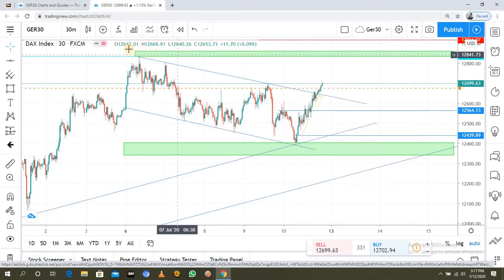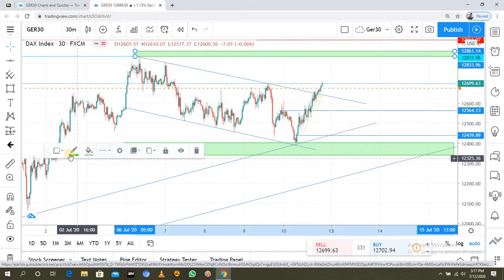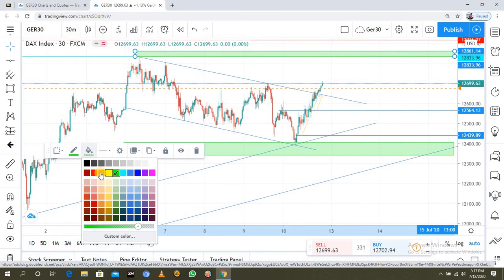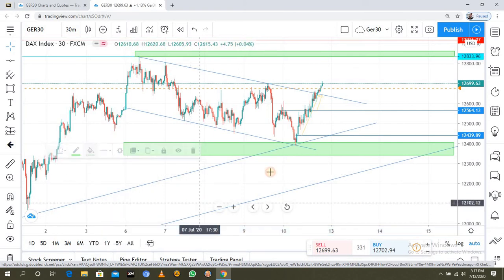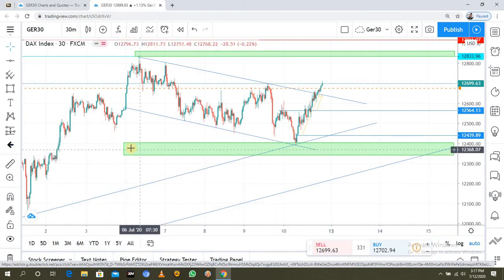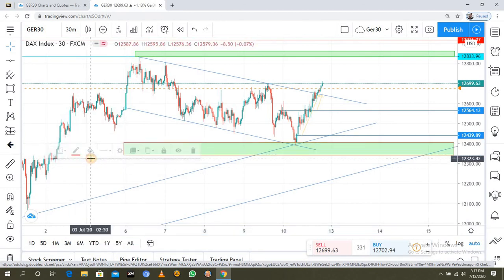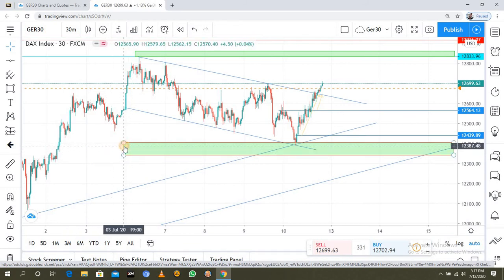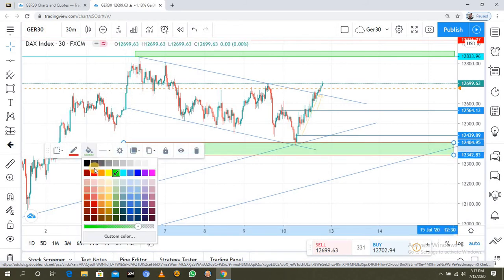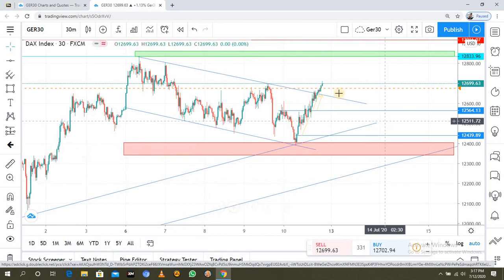So we can change the color of this, maybe to, no, let's change the bottom one. This one can change it maybe to red. We're just changing the support to red.